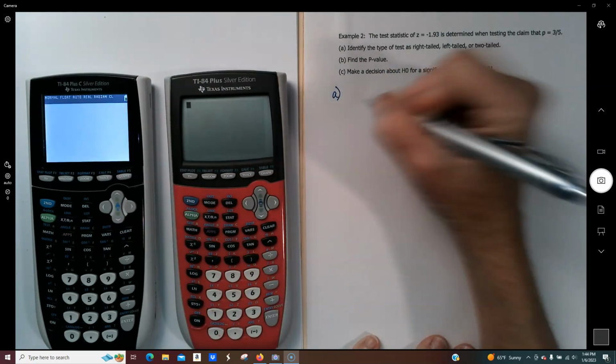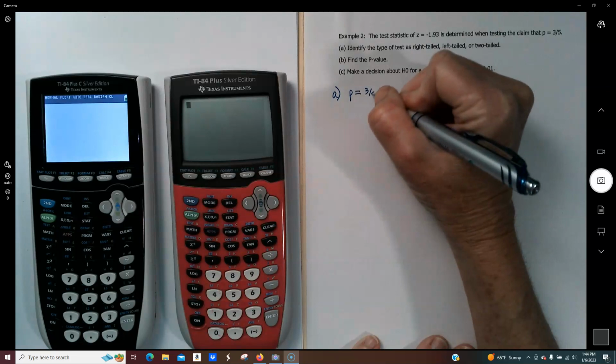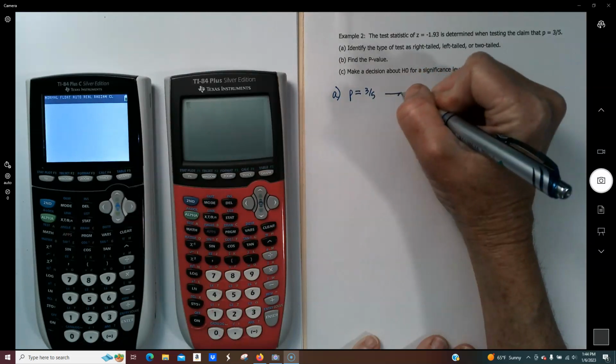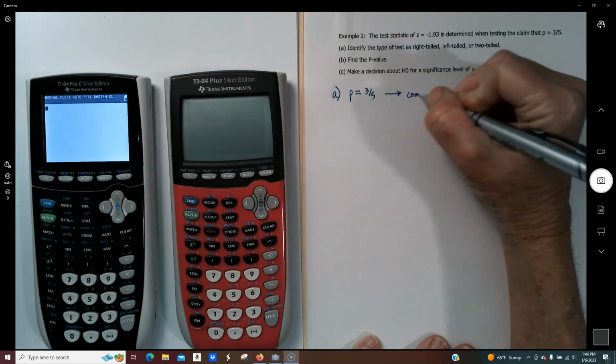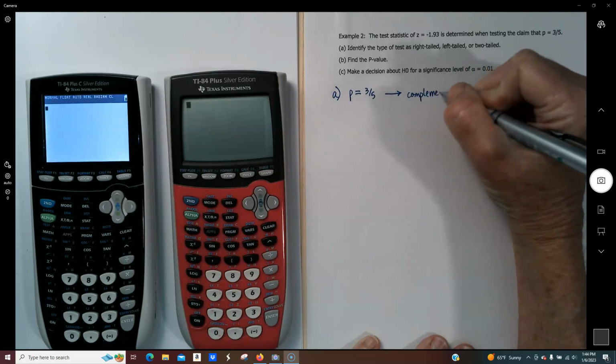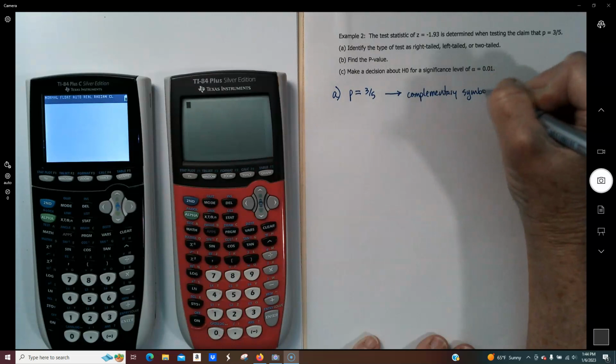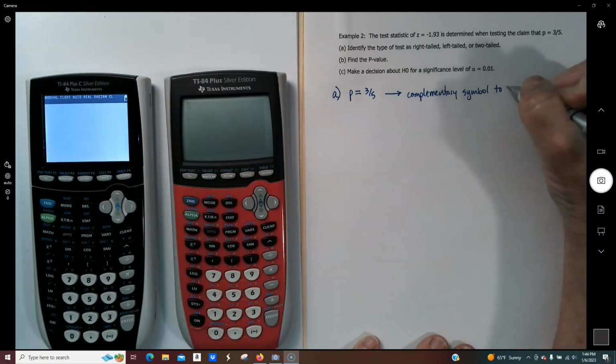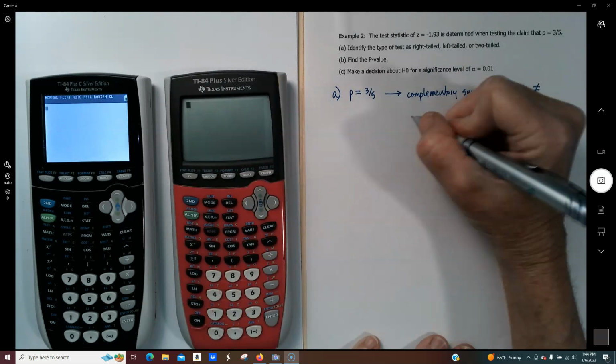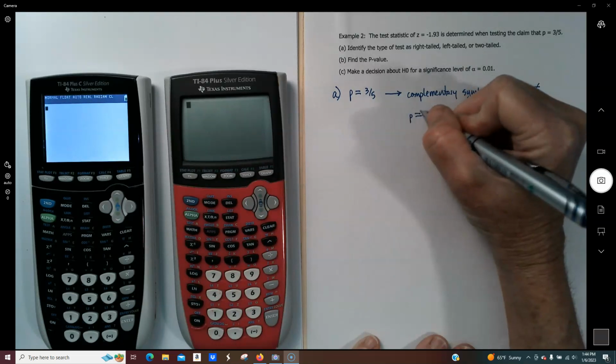For a claim of p equals 3/5, the complementary symbol to the equal sign is not equal. So from p not equal 3/5, we have a two-tailed test.